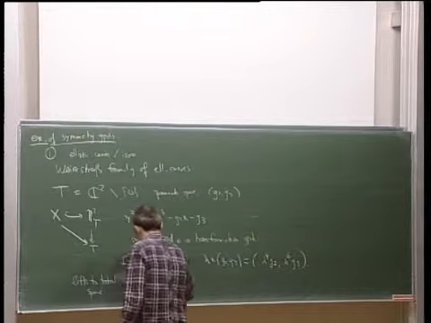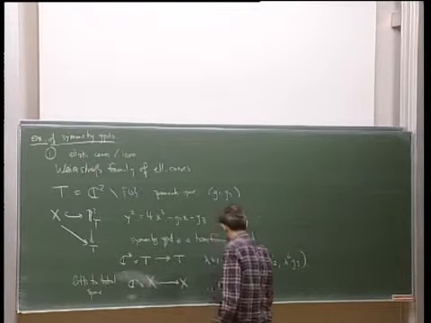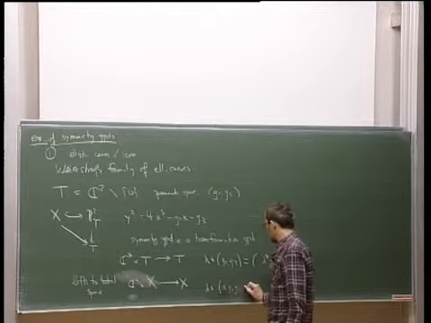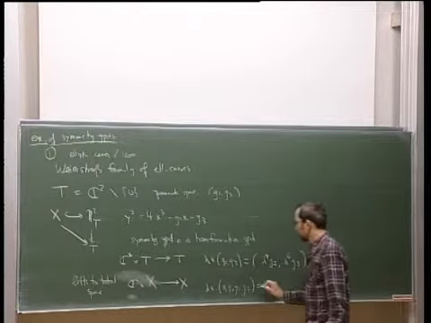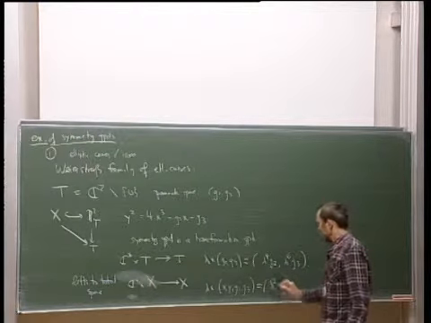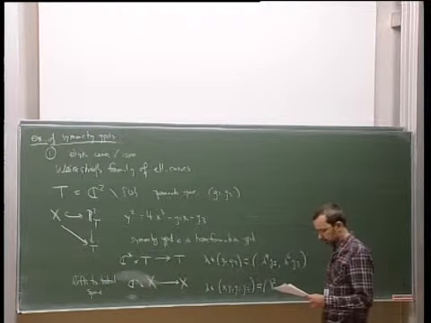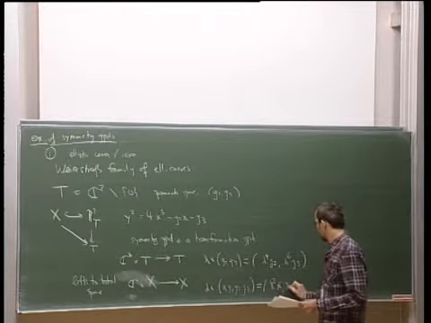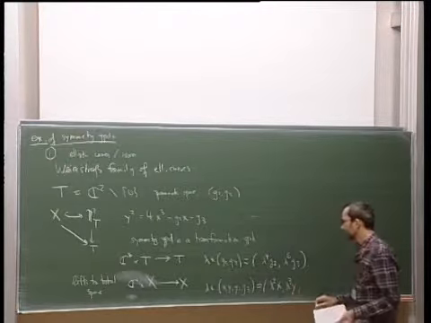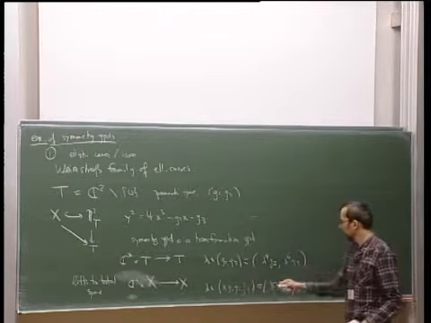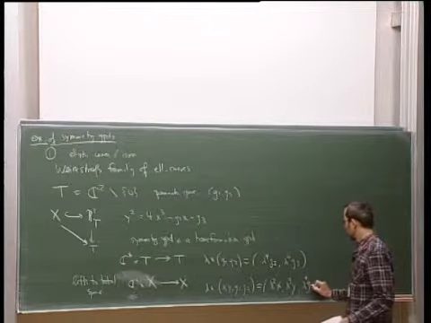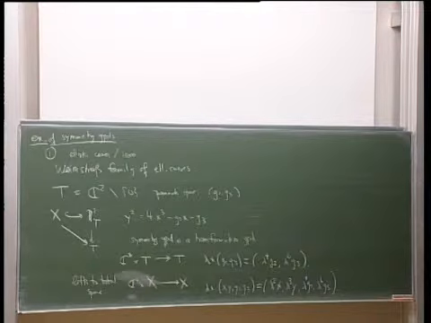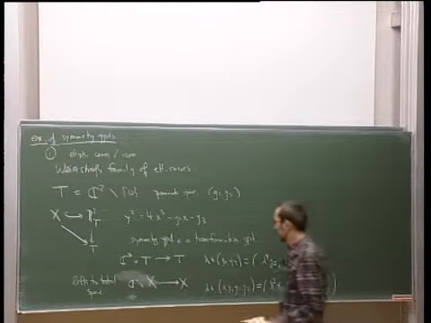So the total space has x and y and G2 and G3. On x, it's lambda squared x, lambda cubed y. Well, we already know how x and G2 transform.